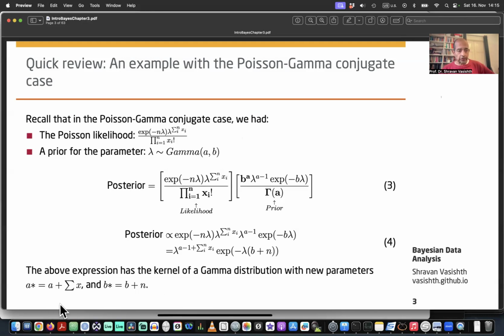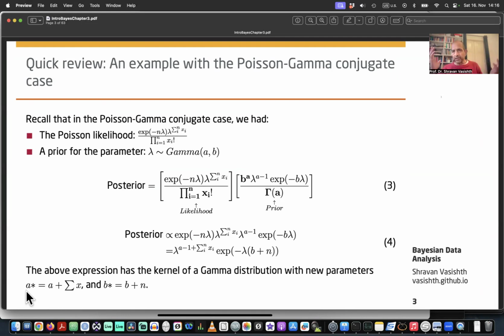So in the Poisson gamma situation, all we need to do is know the total number of data points n and the sum of those data points, right? And if we know those two things and we know the A and B parameters on the prior for the lambda parameter, then we can derive the posterior.